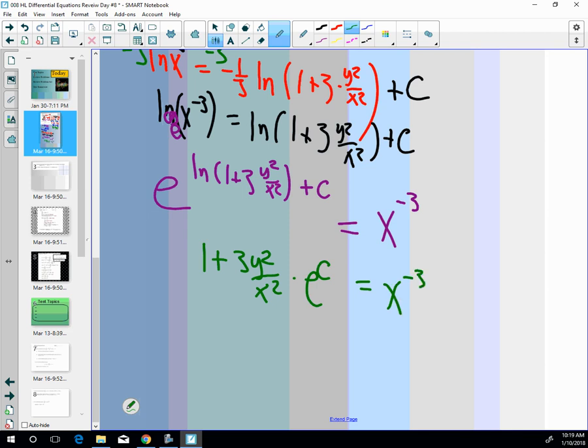What can we replace e to the c with? Some constant k, sure. So this is 1 over x cubed. So I have 1 plus 3y squared over x squared. Let's multiply everything by x cubed.